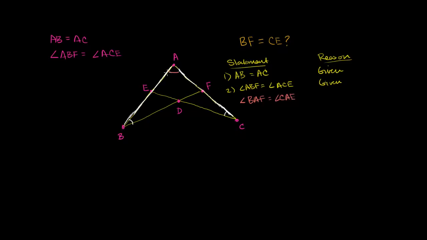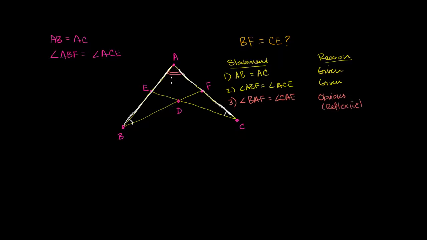It's equal to itself right there. That's our third statement. We could say it's obvious. Some people would call this the reflexive property, that an angle is obviously equal to itself. Even if we label it different ways, this angle is going to be the same measure.